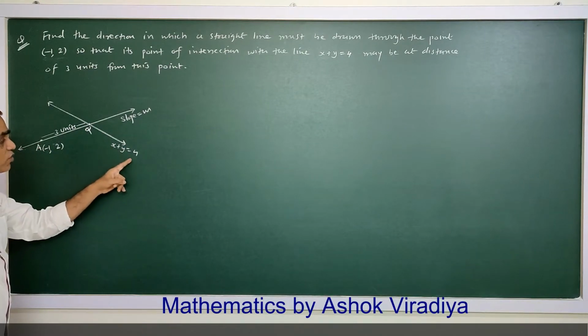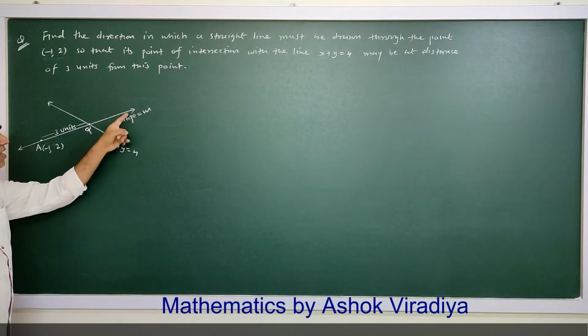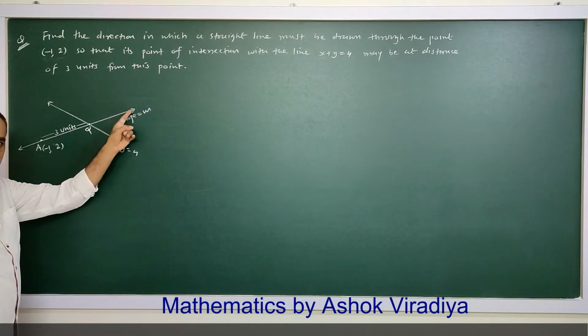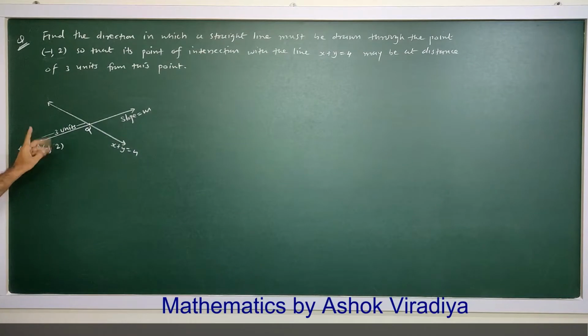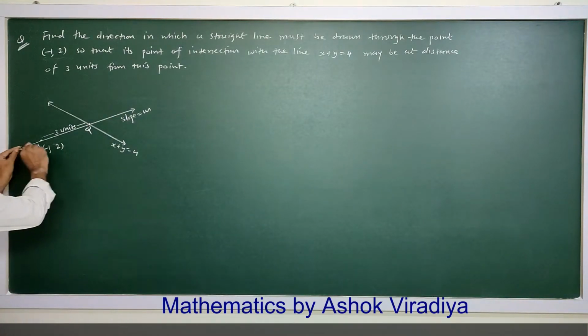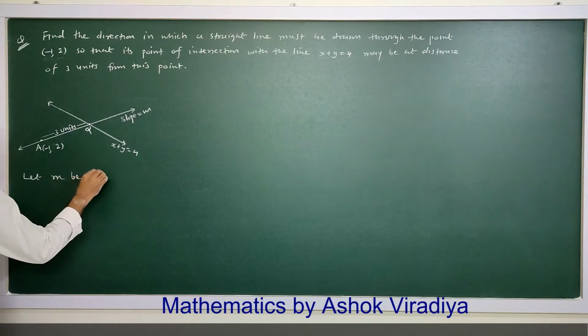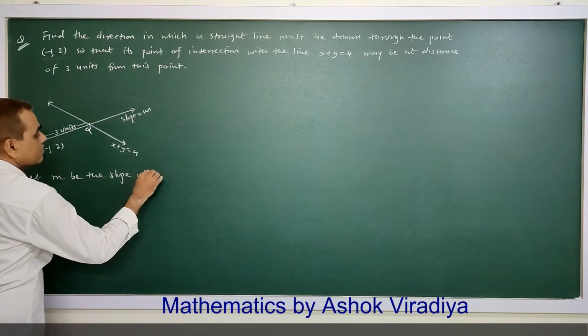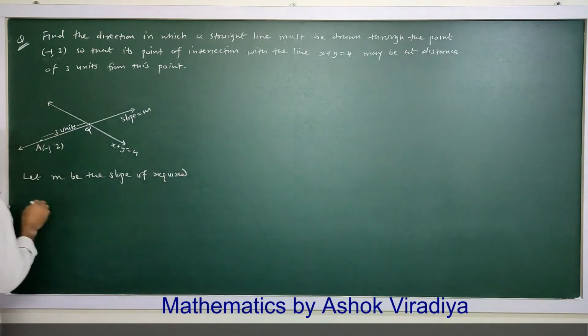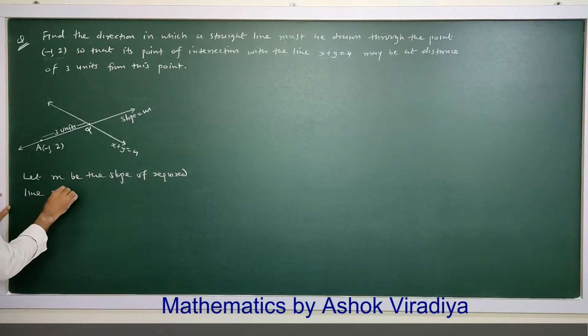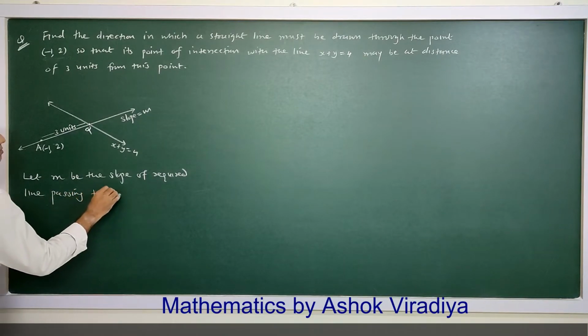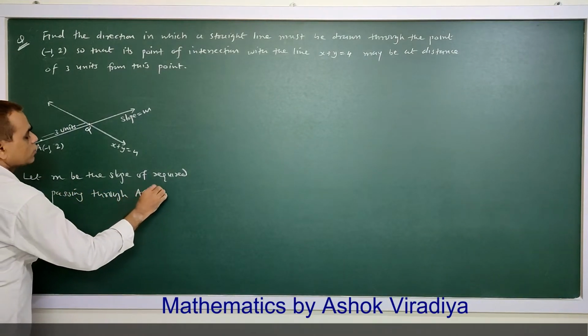Here we already have one equation, but we don't have the equation of this line. However, using the given point and slope we can find it. So first I am writing the equation of this line using slope m. Let m be the slope of the required line passing through (-1, 2).